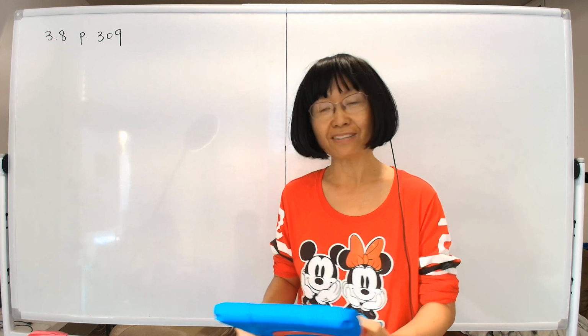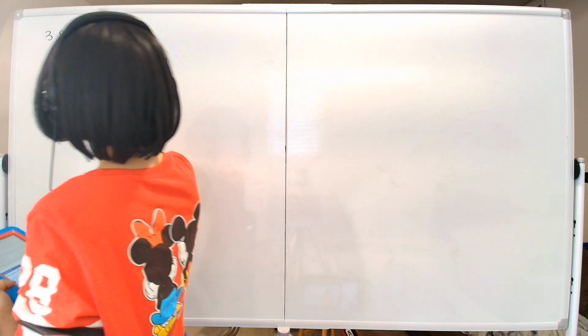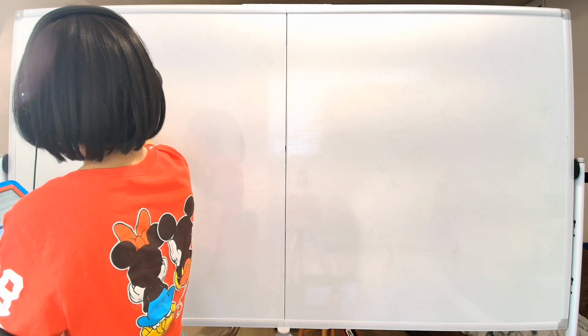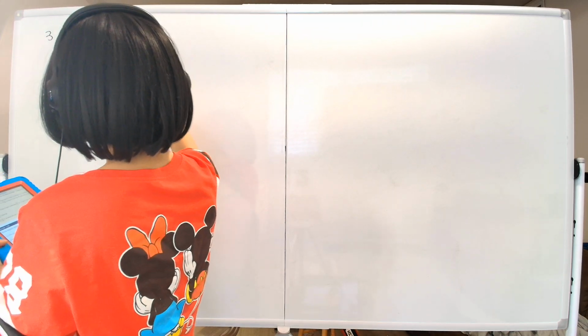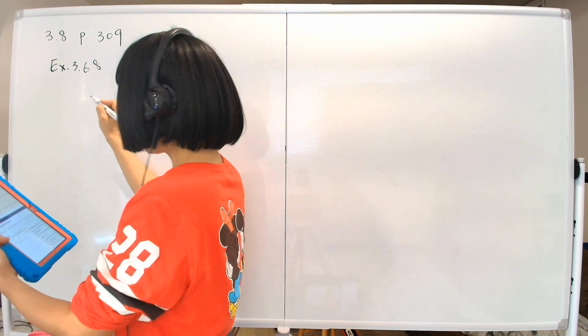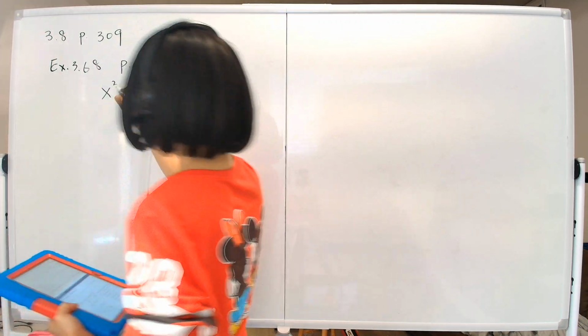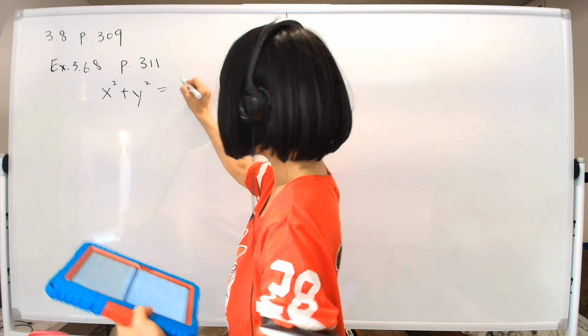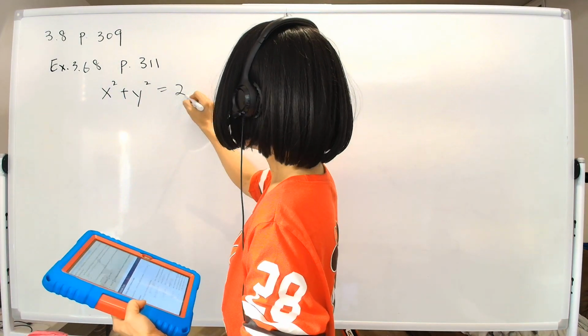And we'll look at a circle. So this is Example 3.68, which is on page 311, where we have a circle. Now you might remember this when you have x squared plus y squared equal to 25.